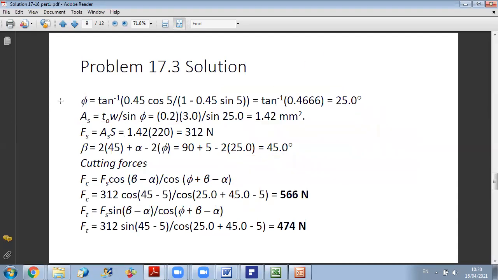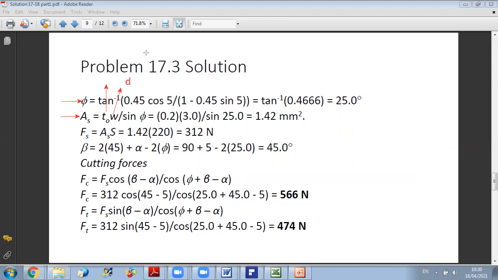Now, once we have the shear angle, we can calculate the area of shear, which is determined as W times T0 over sine of phi. Now, by analogy, because we are using the orthogonal model, in the turning operation the equivalent to W is the depth, D, and the equivalent to T0 is the feed, F. So we will do F times D here.